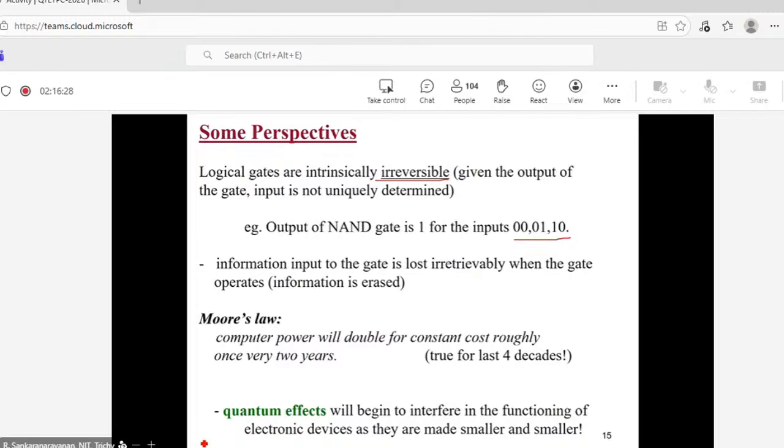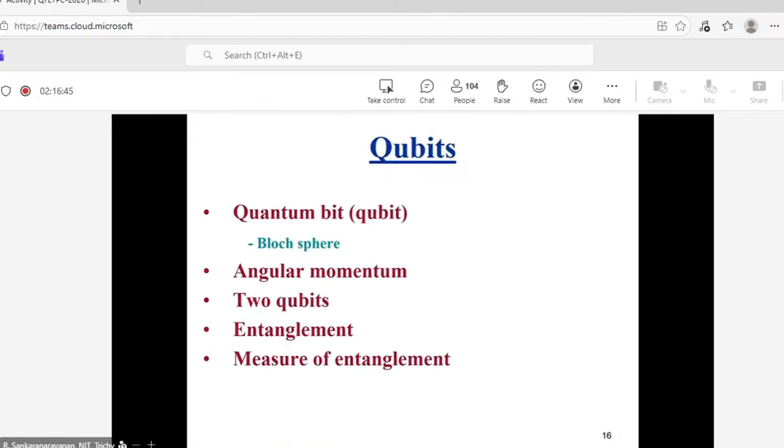Also, when the size of the computer becomes smaller and smaller, one also has to worry about the so-called quantum effects and quantum interference in the functioning of electronic devices. These are some of the aspects which inspired us to investigate the possibility of developing new computational methods using quantum mechanics.